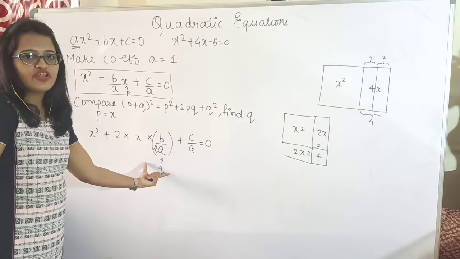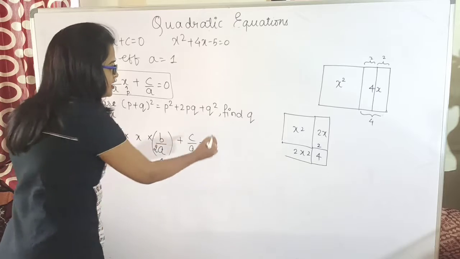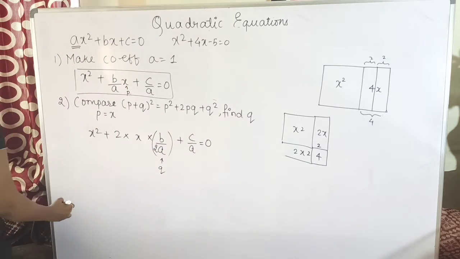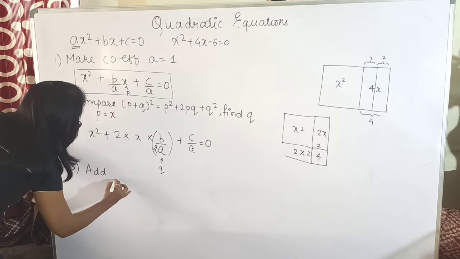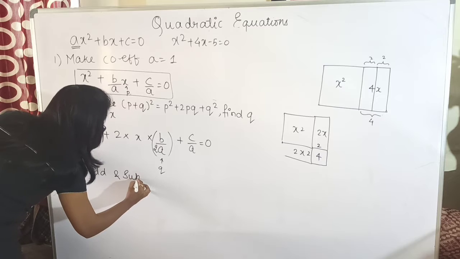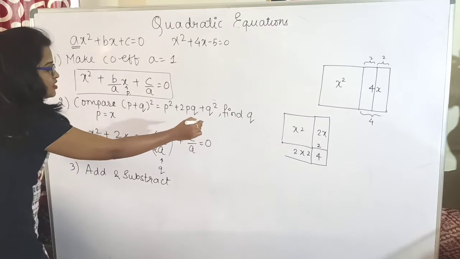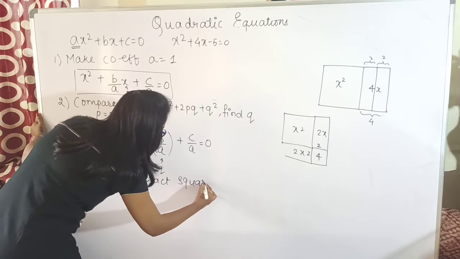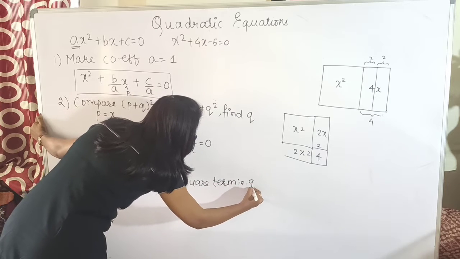Now I have got the value of q. Which term is missing according to this identity? Q square is missing. It means in my third step, I will add and also subtract what? The q term, which is nothing but the square term, that is q square.